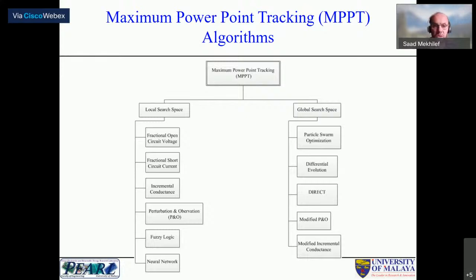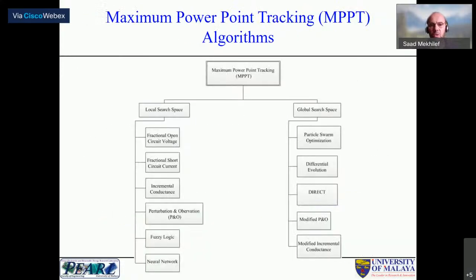For the local search space, we have quite a number of them: the fractional open circuit voltage, fractional short circuit current, incremental conductance, P&O, fuzzy logic, and neural network. For the global search, we have mainly artificial intelligence methods, as well as modified P&O and modified incremental conductance. There are quite a number actually, and recently new methods have been reported in the literature.